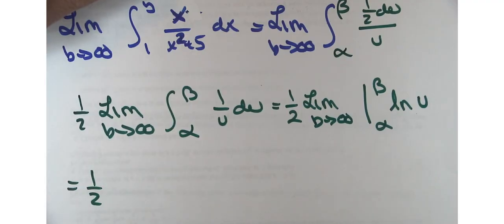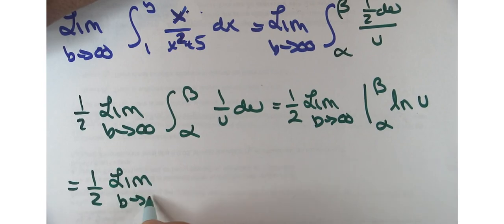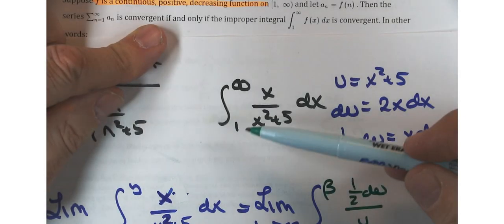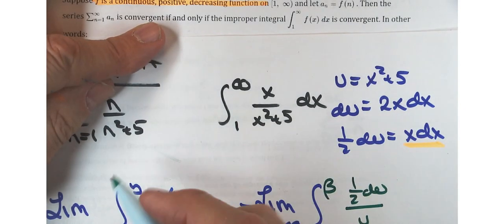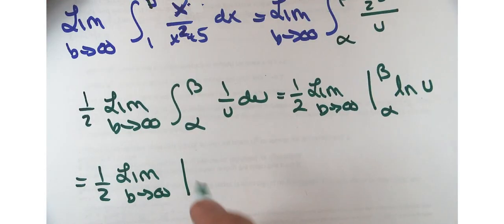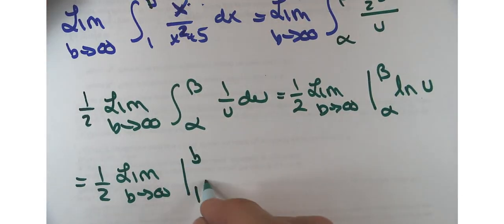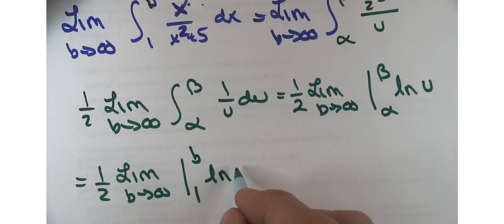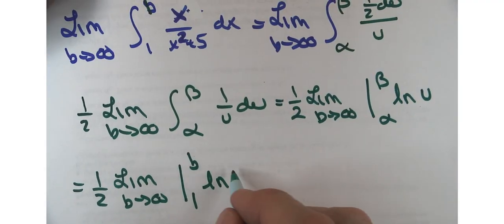Let's substitute back into our original function. Come back with our original limits. Limit as b approaches infinity. Our original limits were from 1 to b of the ln of x squared plus 5.